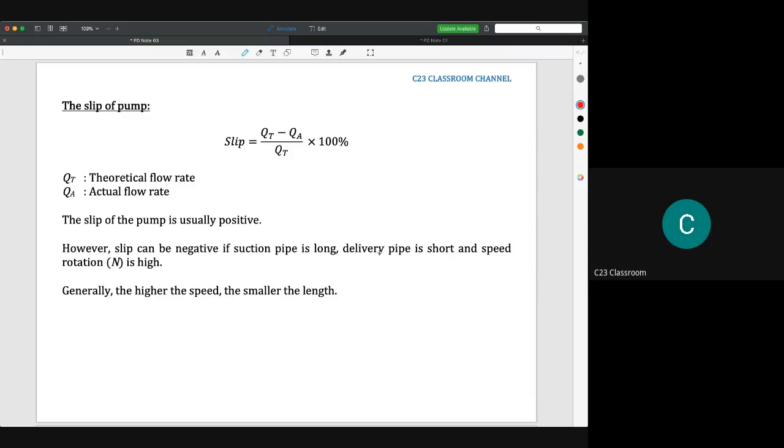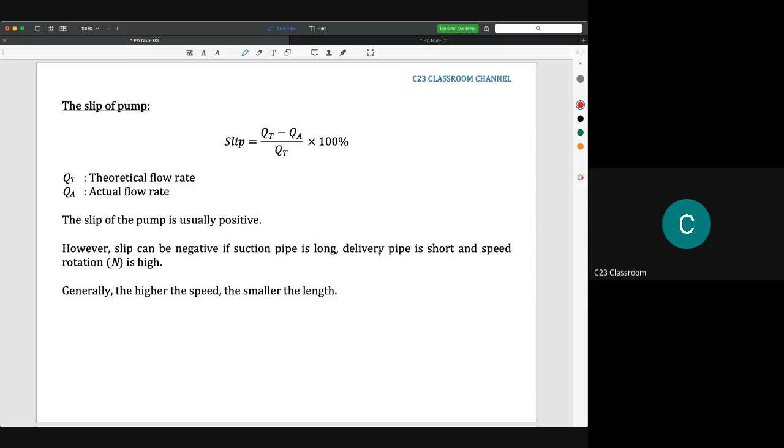Then I would like to introduce you to efficiency. Previously in Fluid Mechanics 1, you know that we have a lot of efficiencies. We have the manometric efficiency, the mechanical efficiency, and so on. But in a piston pump, the most important thing is that our piston can create a vacuum condition and suck water as much as it should.